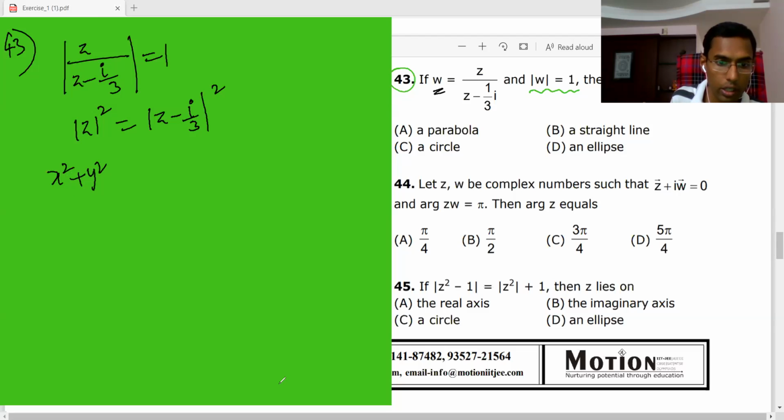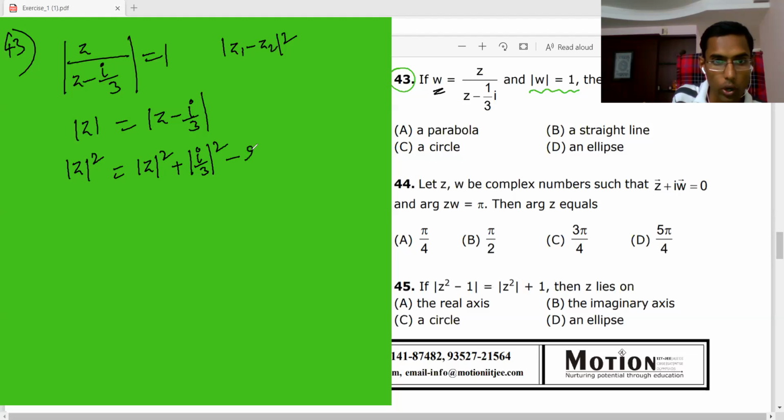Yesterday we discussed mod of (z1 minus z2) whole square: it is mod z1 square plus mod z2 square, that is, i by 3 whole square, minus twice real part of z1 z2 bar, that is, i by 3 bar.